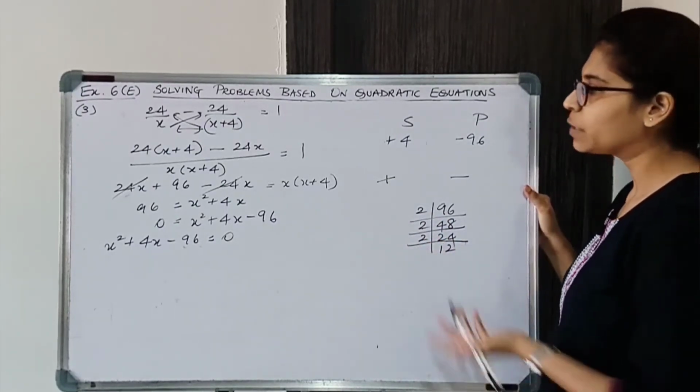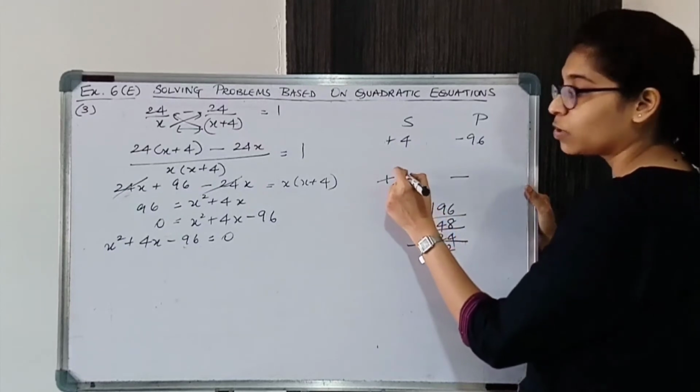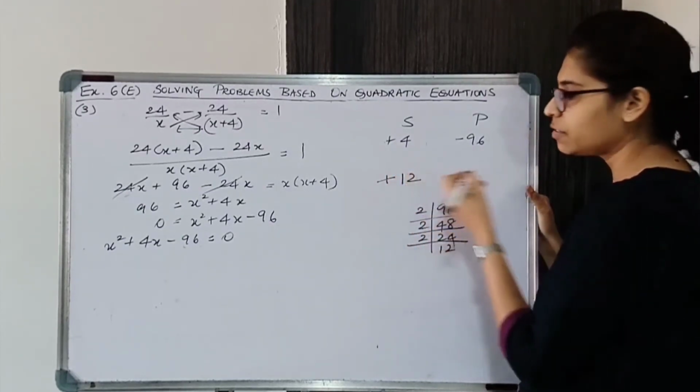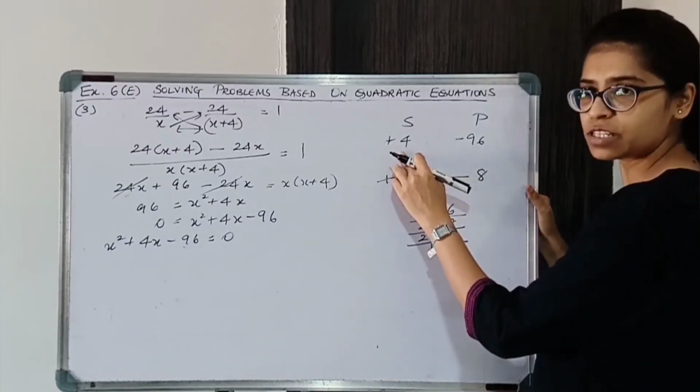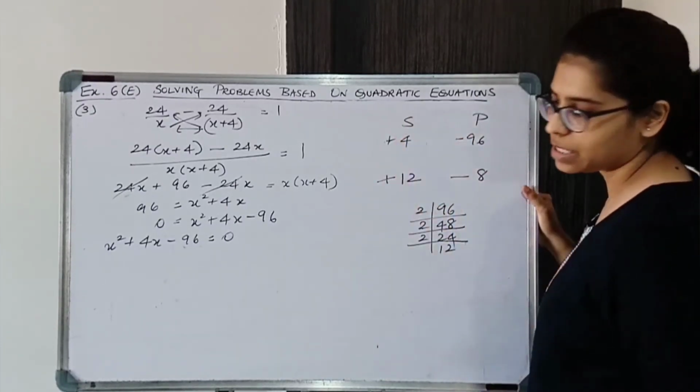Yes, the difference of 8 and 12 will give you 4. So greater will be positive, smaller will be negative. The difference is giving you plus 4, and if you multiply you will get minus 96.